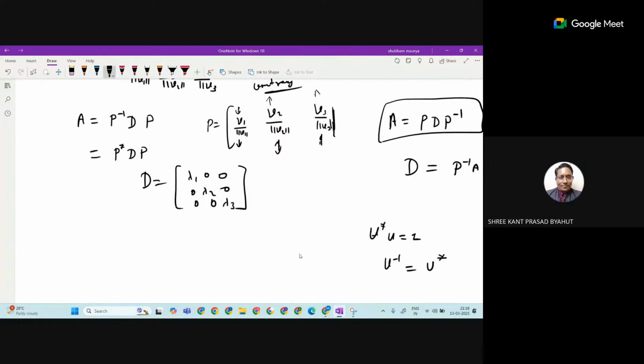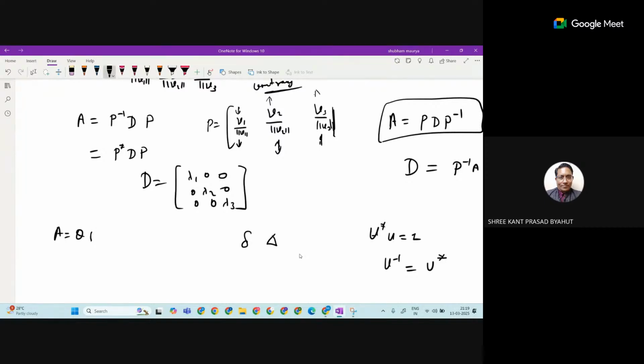I am telling you, in the formula, a Hermitian matrix A is diagonalized as Q delta Q transpose, or Q star. Delta, or capital D, you can write either, no problem.